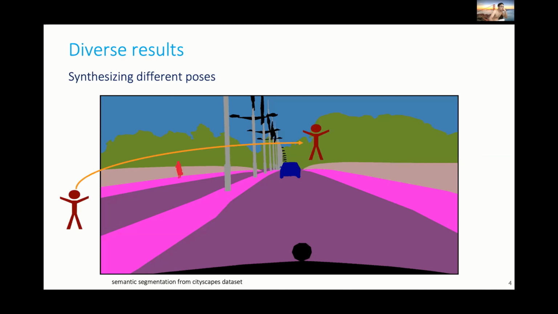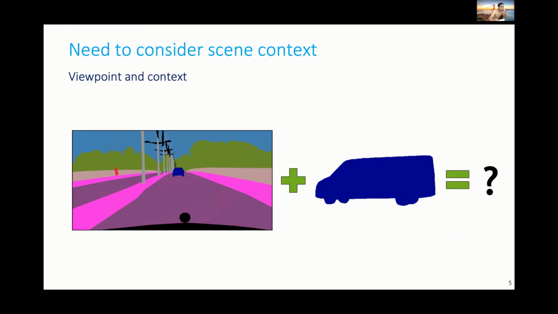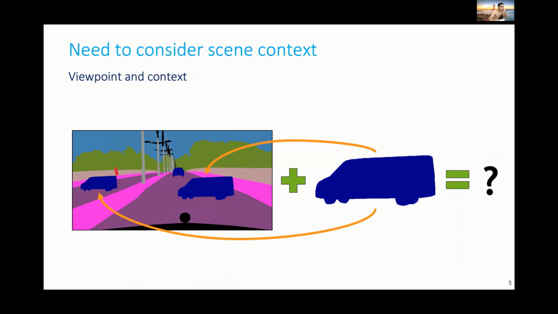For that, we need to understand the context very well. So for example, even if we have a vehicle here at the right size and right scale, if we do not know the context, then the synthesized result will be weird.